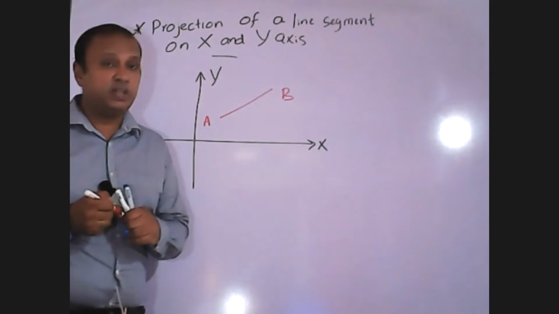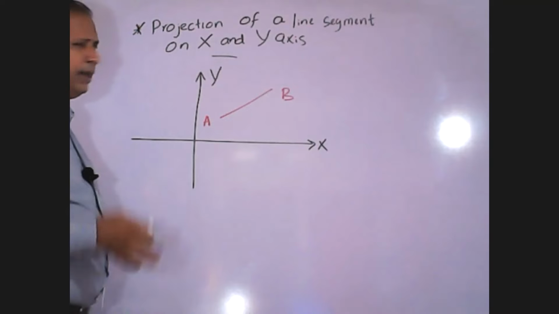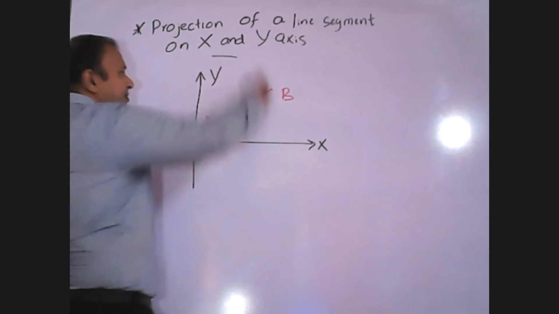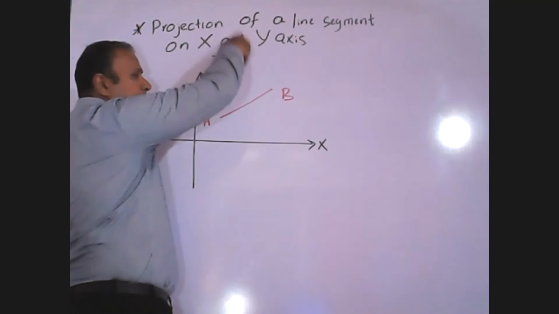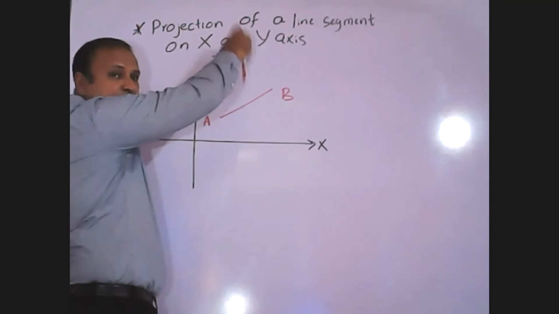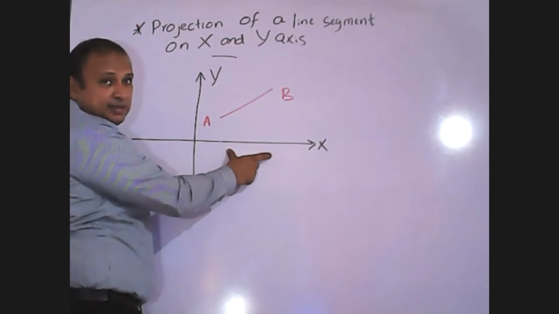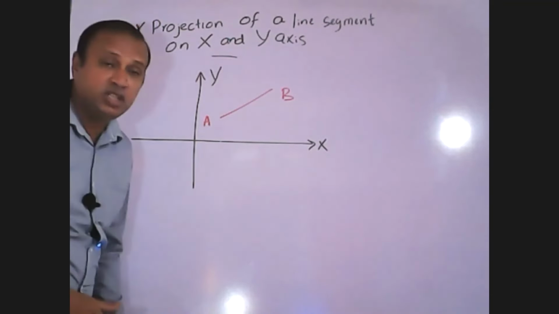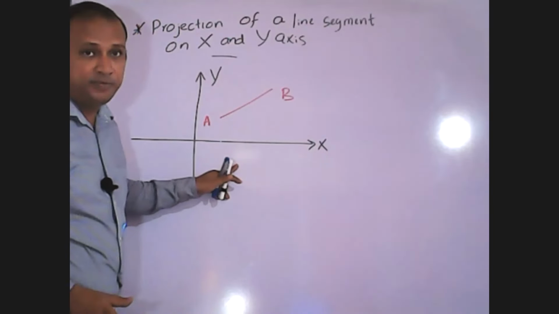Projection means, suppose we incident a light beam from this side. The shadow of this line segment on the x-axis is called the projection of this line segment on the x-axis.